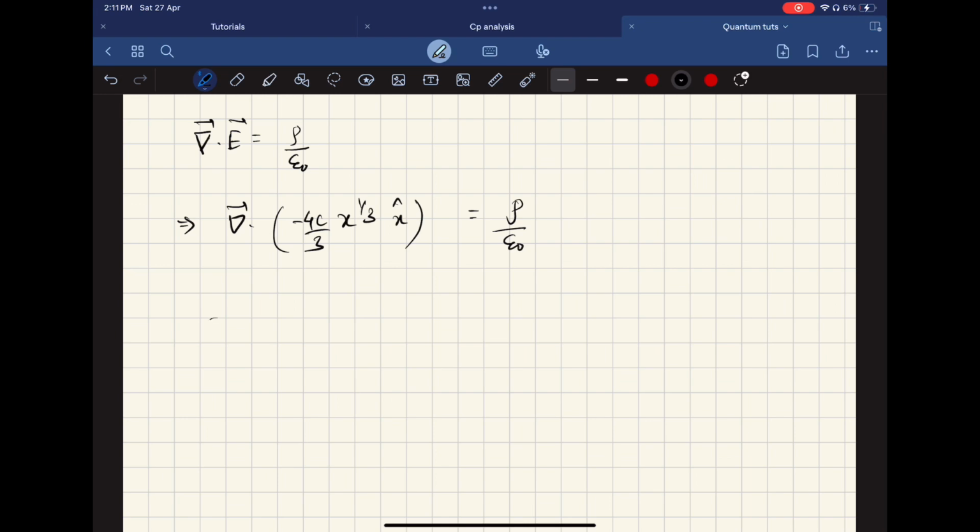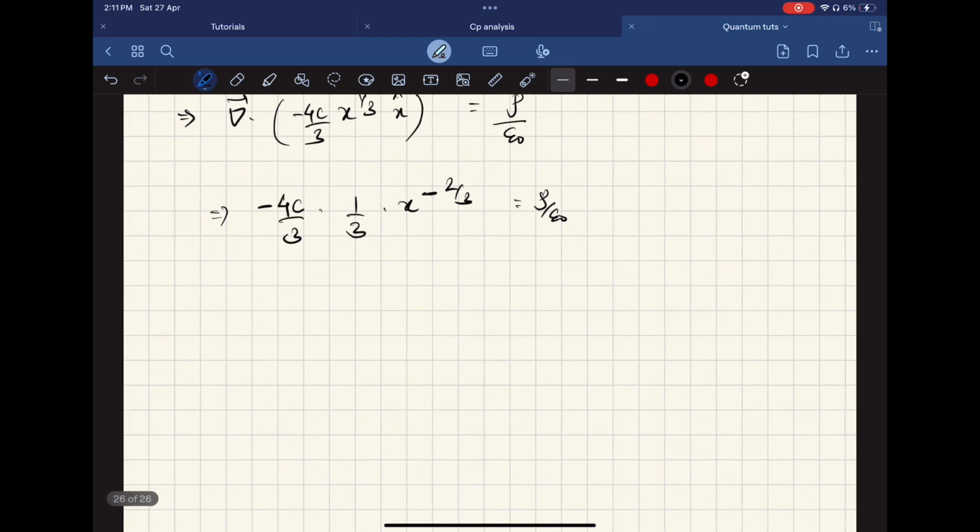From here, we get minus 4C by 3 into 1 by 3 into x to the power minus 2 by 3 equals rho by epsilon naught. So rho as a function of x is equal to minus 4C epsilon naught by 9 x to the power minus 2 by 3. So this is rho of x.